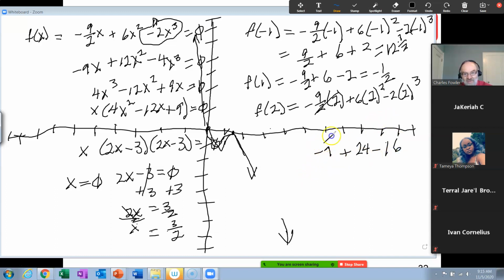So minus 9 and minus 16 would be a minus 25, plus 24. That's going to be a minus 1. And that wasn't too far off right there. But then it keeps going south really, really quickly. Okay, so we've confirmed that's about how the graph looks.